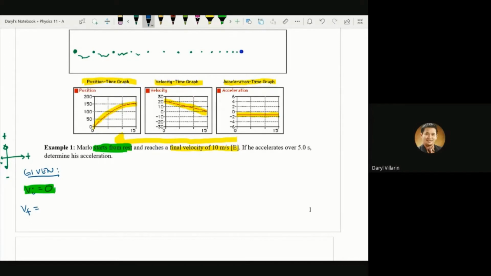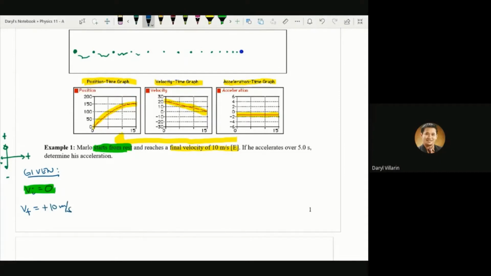And remember that when we do computation, it's much easier to compute certain things if we interpret the direction in terms of positive or negative sign based on the coordinate system that we use. So instead of just placing 10 meters per second east there, I will place positive 10 meters per second.